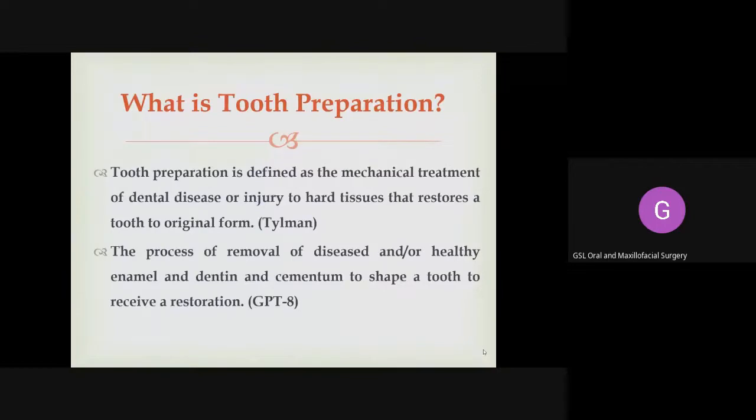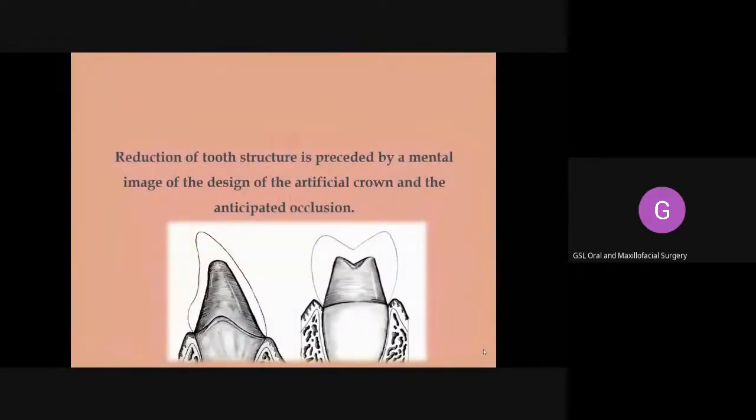This is the definition of tooth preparation according to Glossary of Prosthodontic Terms 8. Reduction of tooth structure is preceded by a mental image of the design of the artificial crown and the anticipated occlusion.